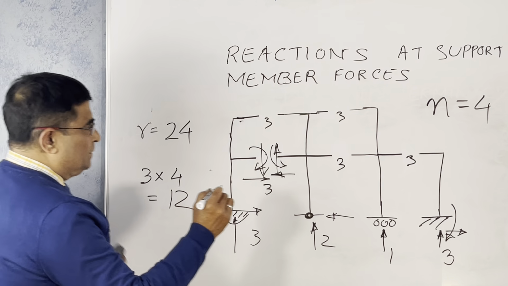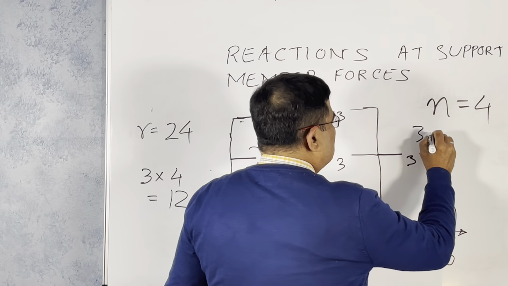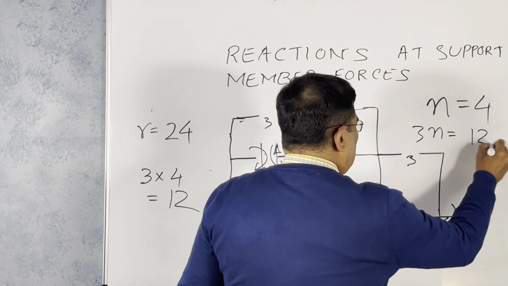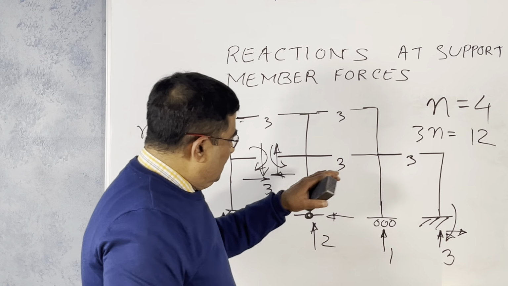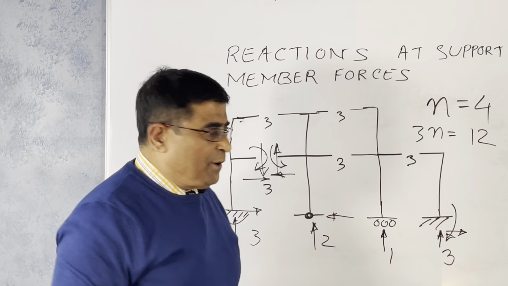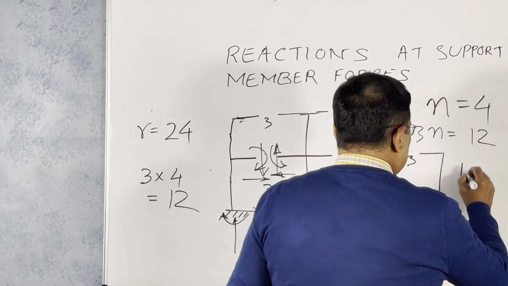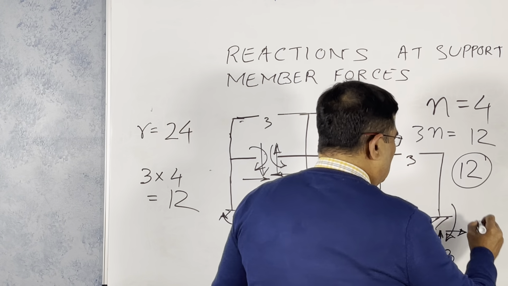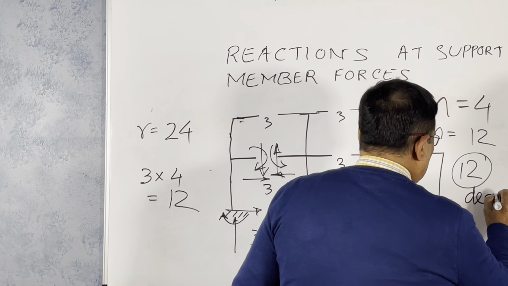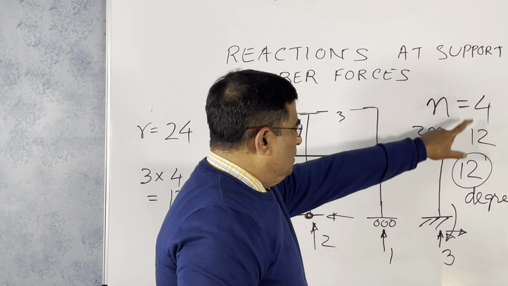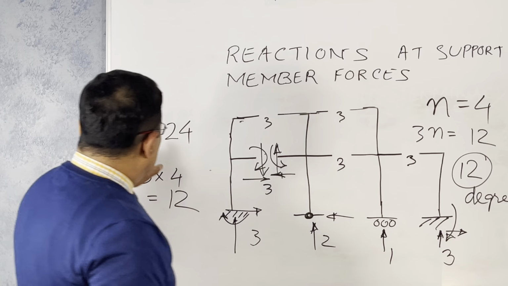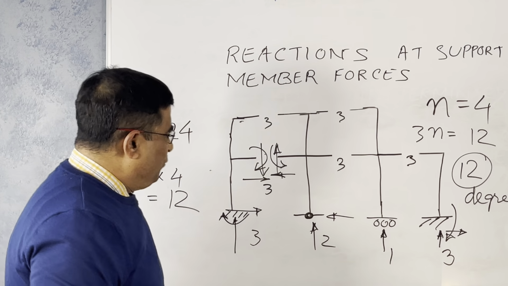Your 3n is 12. So 24 minus 12. This is statically indeterminate by 12 degrees. Got it? 3n equal to 12. Total number of unknowns is 24.